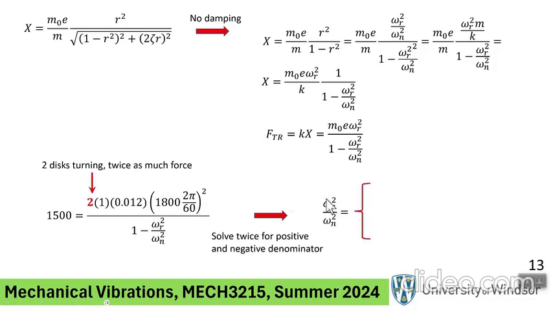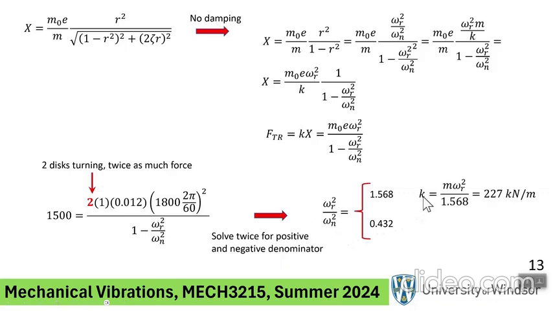So this ratio, you can solve for this ratio if you want. You get 2 values, because it's a quadratic, right? This is a quadratic, and you can solve for this thing. And you get 2 values.